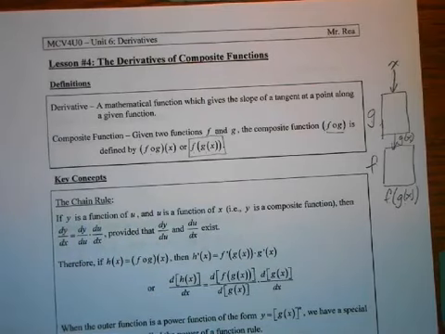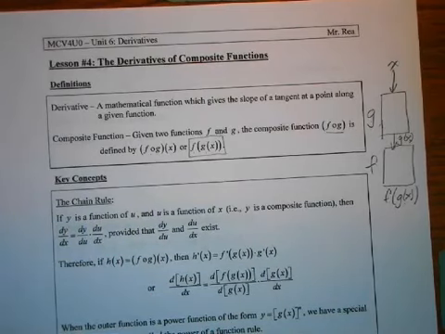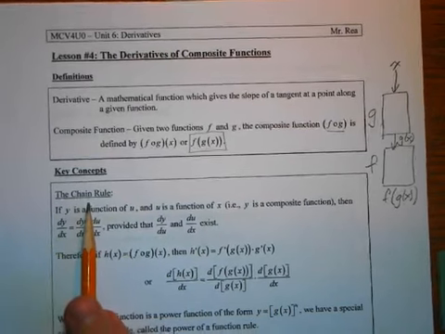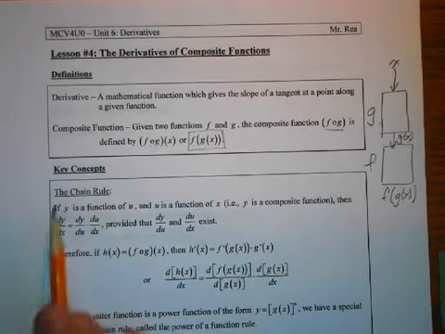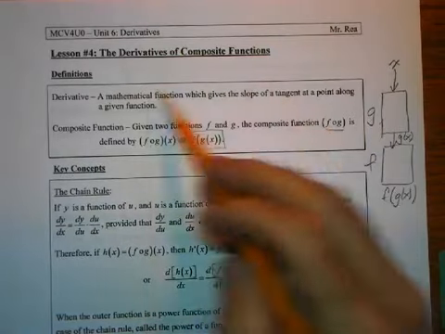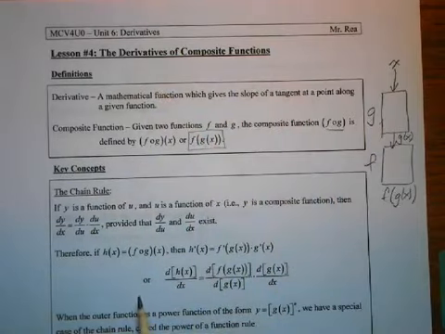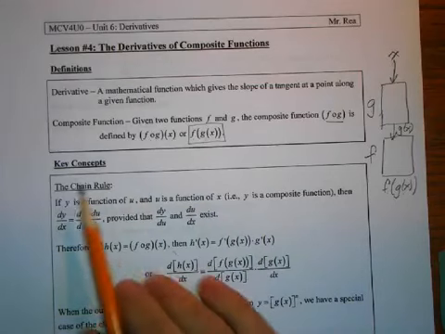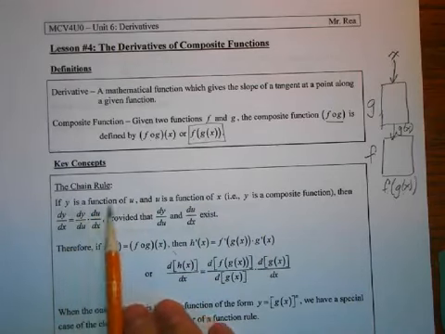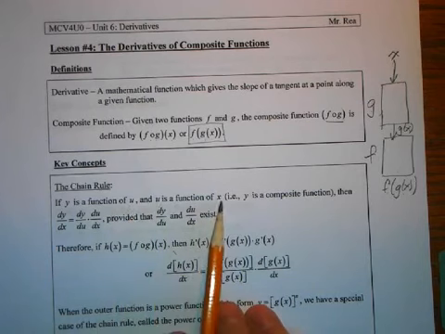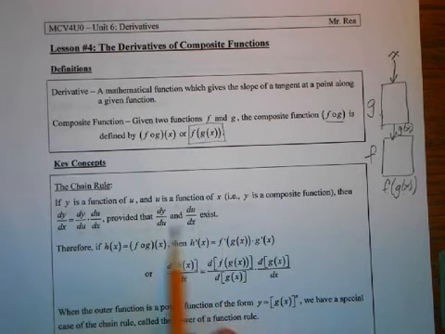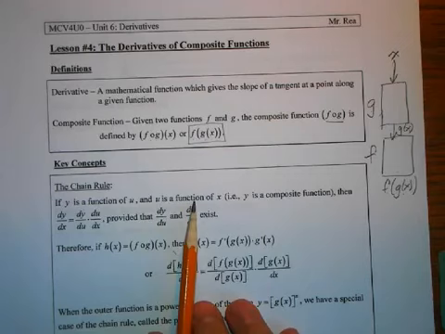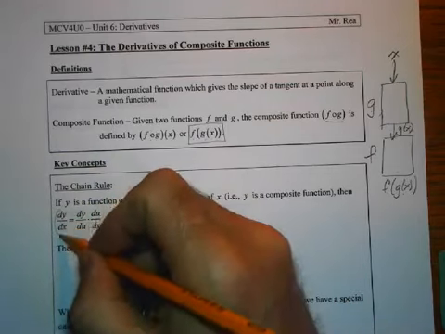The actual name of the rule that we use for derivatives of composite functions is called the chain rule. So that's probably the terminology you'll hear most about this lesson. It's learning how to use the chain rule. So in this case, if y is a function of u and u is a function of x, so you've got your function of a function, composite function, then we've seen this already.